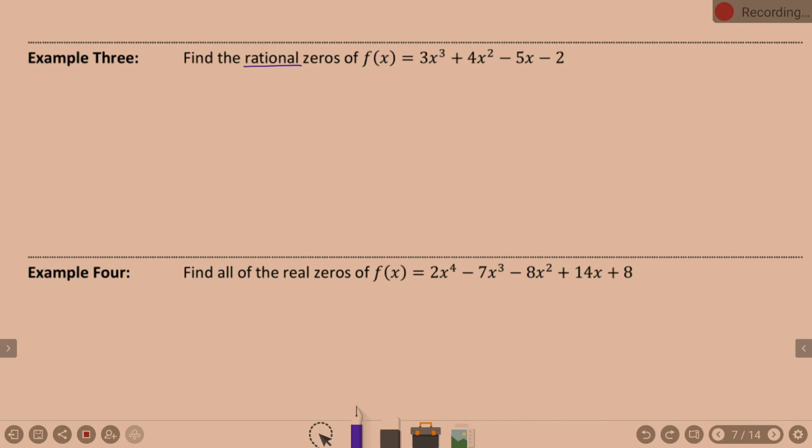So we're going to start this just like we did example 2, which means we're going to start by finding our PRRs. Remember, this is where, officially, it reads as P over Q. P represents factors of what?